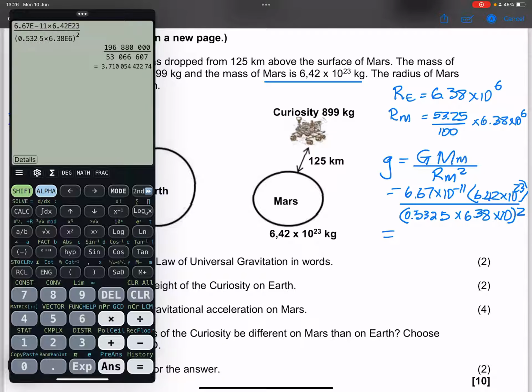So I get a value there of 3.71. So the gravitational acceleration on Mars would be 3.71 meters per second squared. All right, so there we go. Now let's go to the next question.